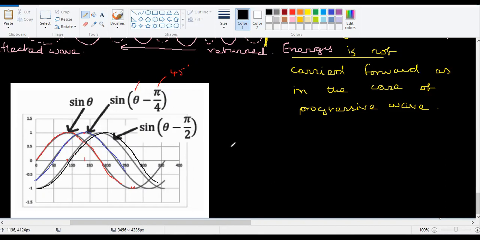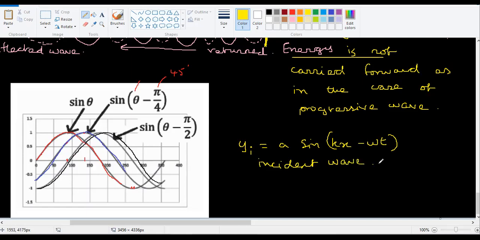So that is why I'm going to say that A sine kx minus omega t, I'm going to call it as incident wave, which means the wave is progressing this way.